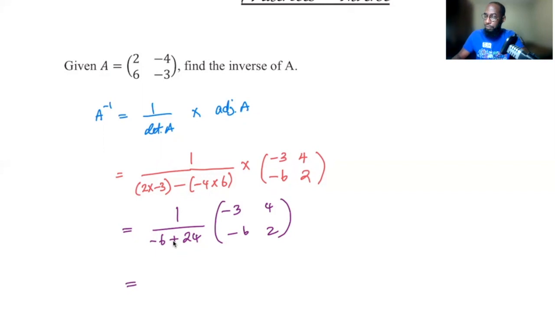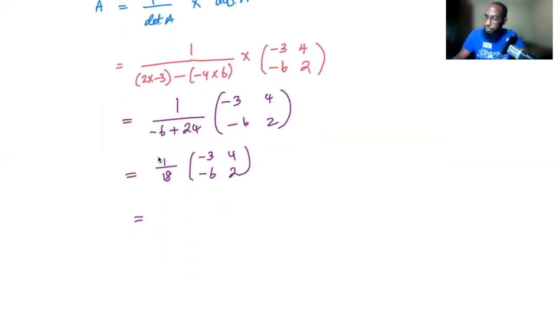So 6 from 24 is 18, and you keep the sign of the larger number, which is positive. You don't have to write it as understood. And you write back this here: -3, 4, -6, 2.